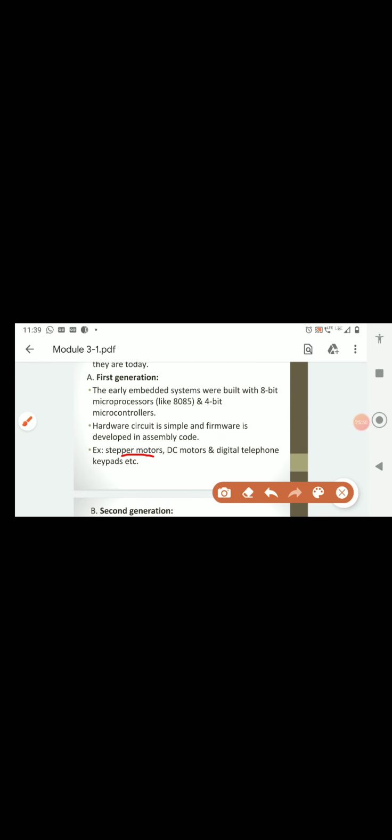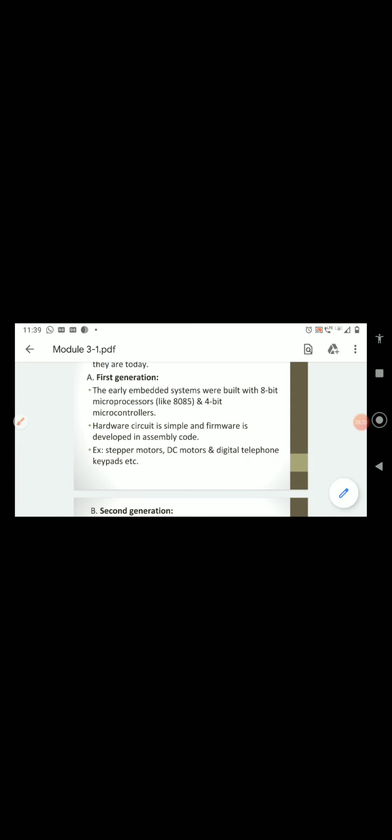So what is this assembly code? Whatever lab programs you are performing in Keil MicroVision, the code you are writing is assembly code. In part B of the lab programs we are going to see the stepper motor application and the keypad applications.